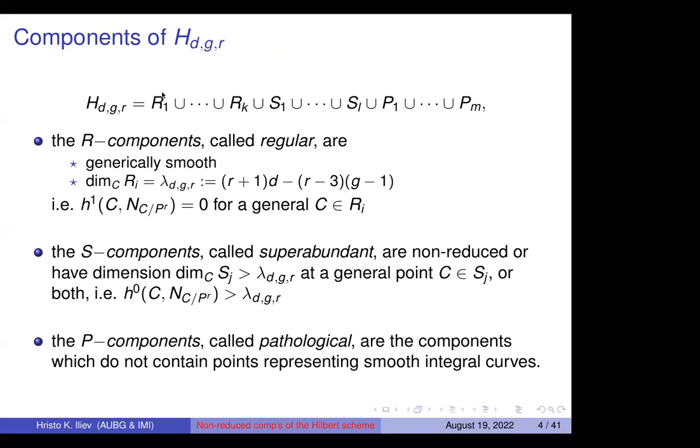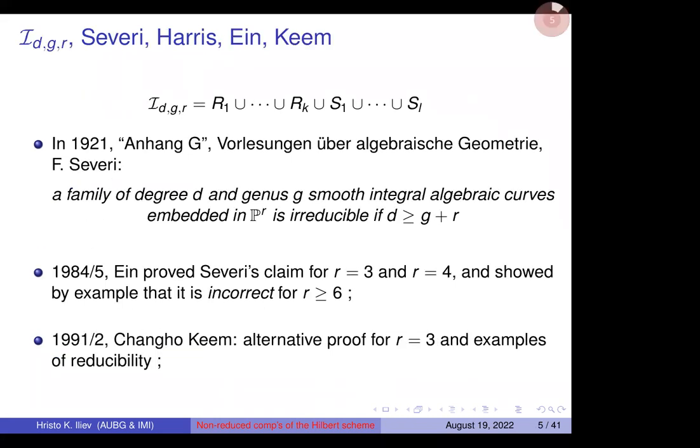The main characterization of the components of the third type is that they do not have points that correspond to smooth integral curves. For this reason, usually one focuses on the union of the first two types of components, namely the R components and the S components.